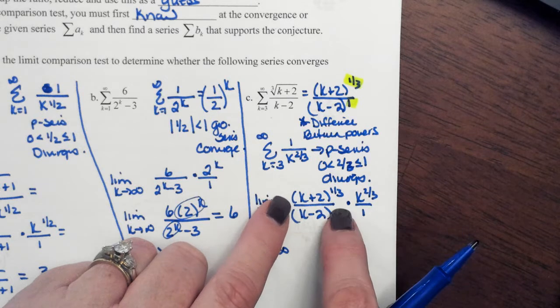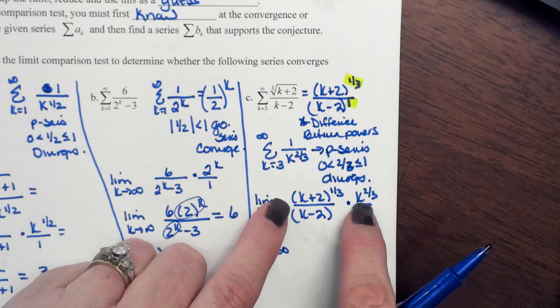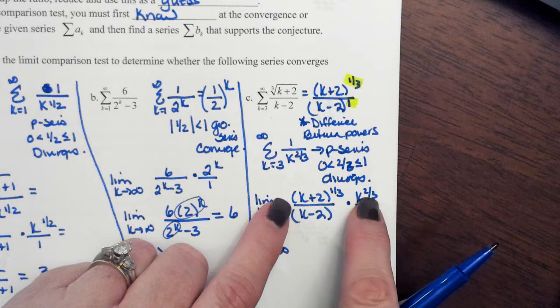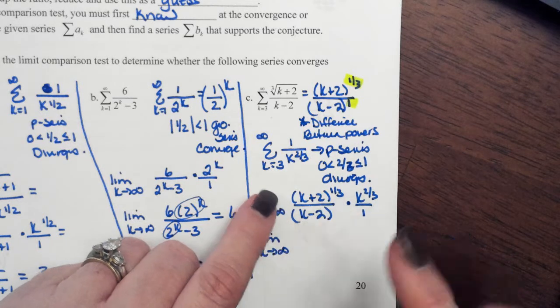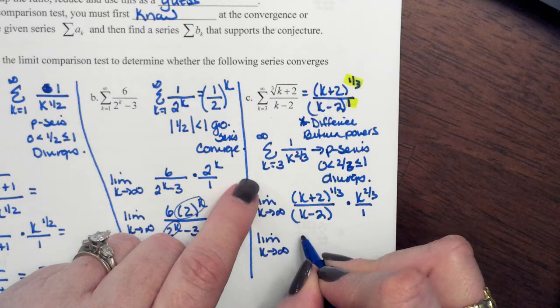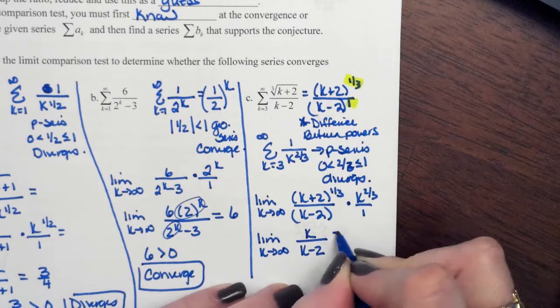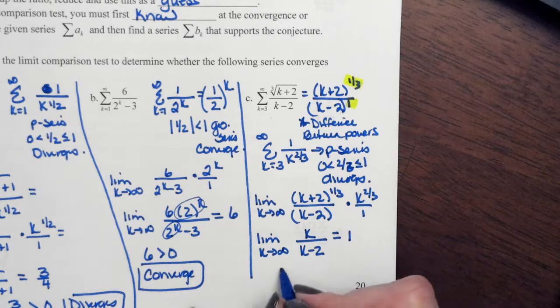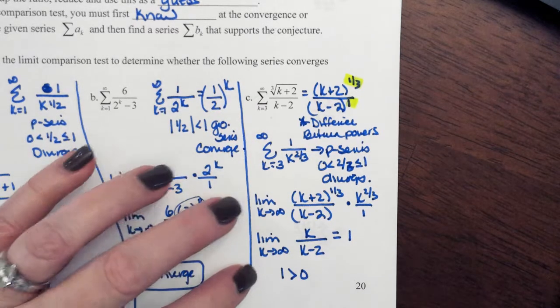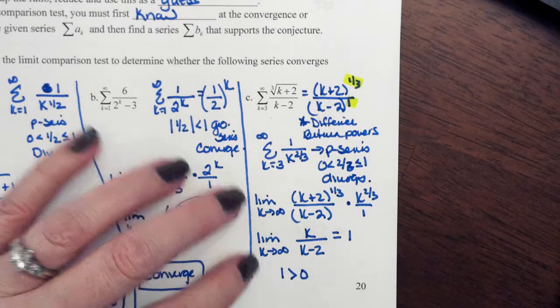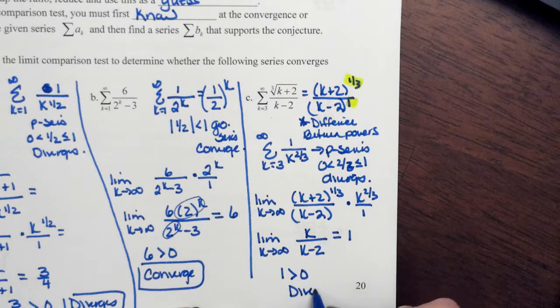So if I was to multiply all this out, I know that the highest degree of this numerator, k to the 2/3 times a k to the 1/3, would give me a k in the numerator. Over the largest of the denominator is going to be a k minus 2, which is going to be equal to 1. So since 1 is greater than 0, I know both these series are going to behave the same. So they're both going to diverge.